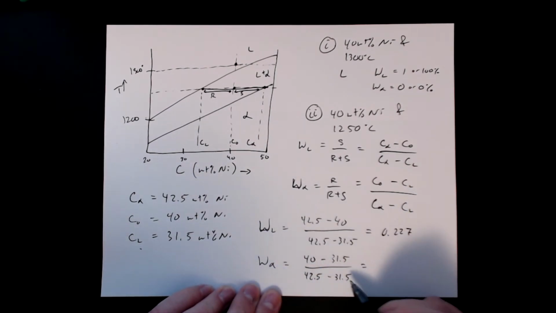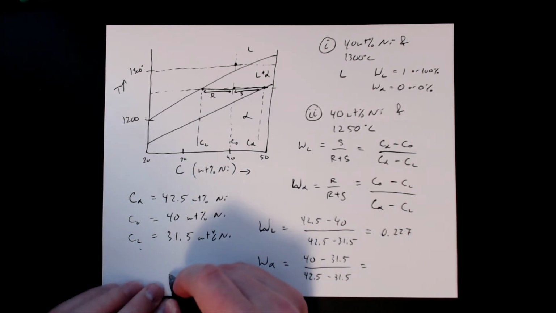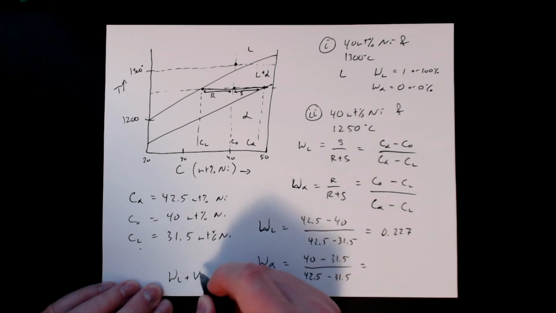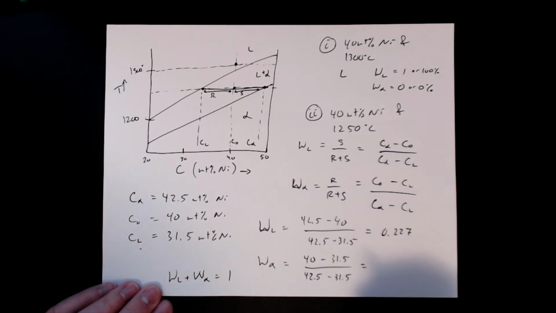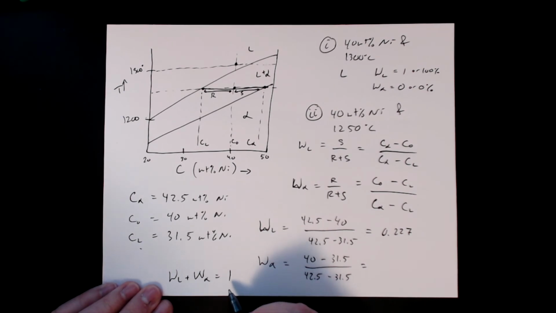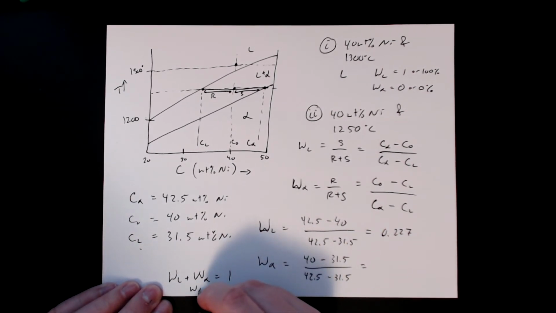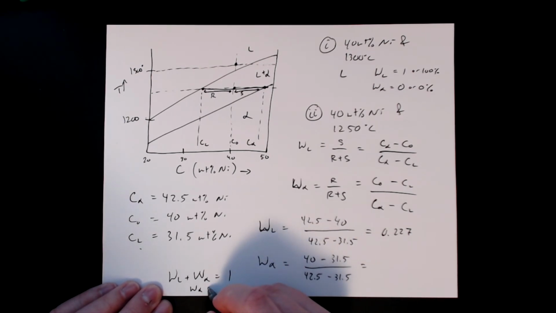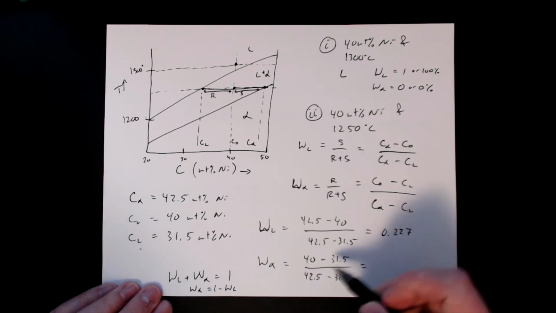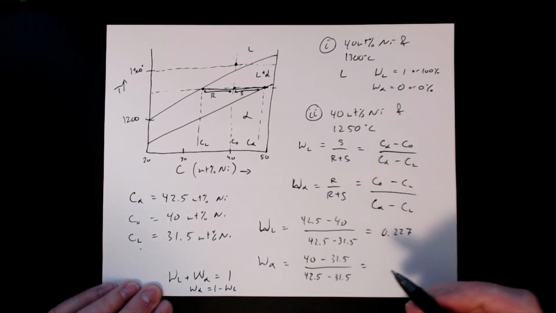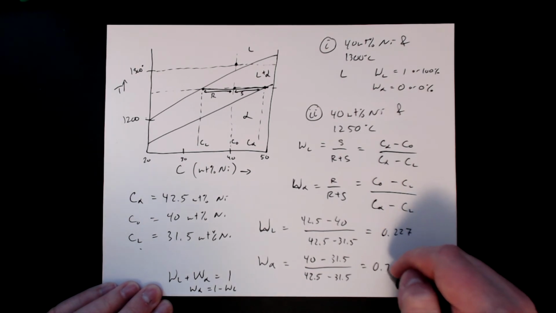And if we punch this number into the calculator, or we know that the amounts of liquid and alpha have to add up to 1, or the percentages have to equal 100. So we can also just, if we have one of them, we can rearrange, and so we could do 1 minus the other quantity, right? So we can always use that too, but I like to just go ahead and calculate. So in this case, using these values, I get 0.773.